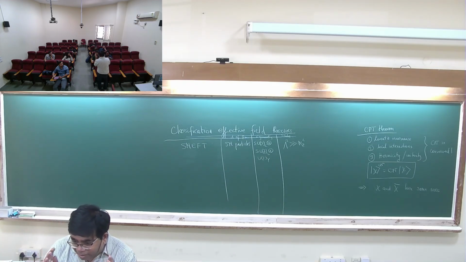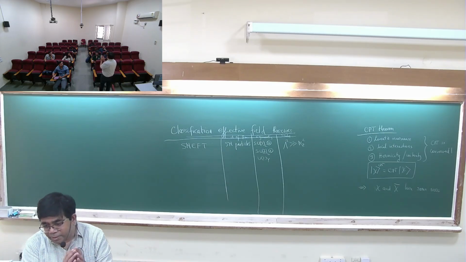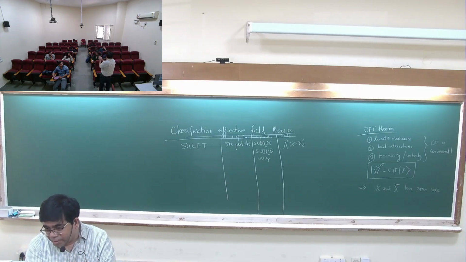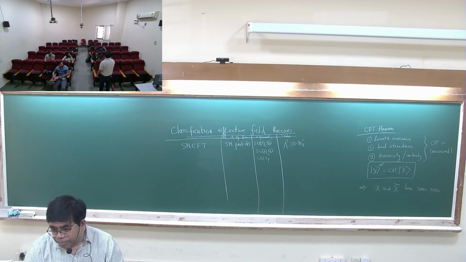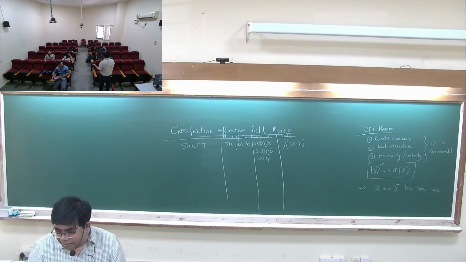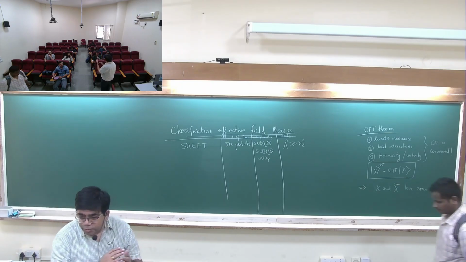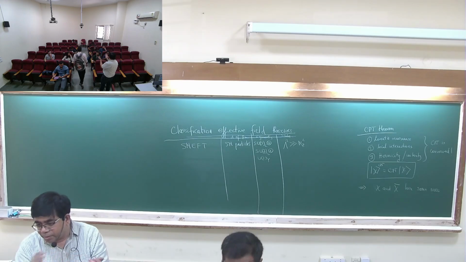Okay, the short distance effects are factorized out, and you can calculate it, and then you multiply it with the long distance effects. Last 3-4 classes I have been mentioning this only essentially. So you decompose the short distance effects and long distance effects.